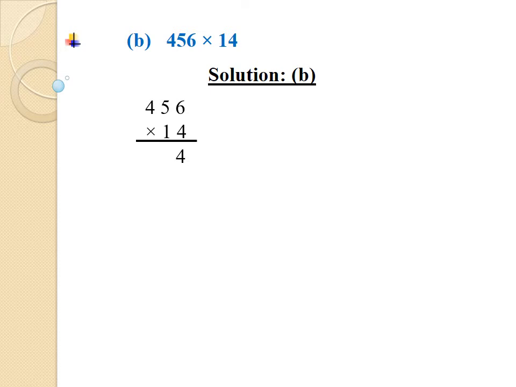Now, adding 2 to 20, we get 22. Students, as we got a 2-digit number, we have to write 2 down, that is in tens place, and we have to carry over 2 to hundreds place, thus writing 2 in tens place.